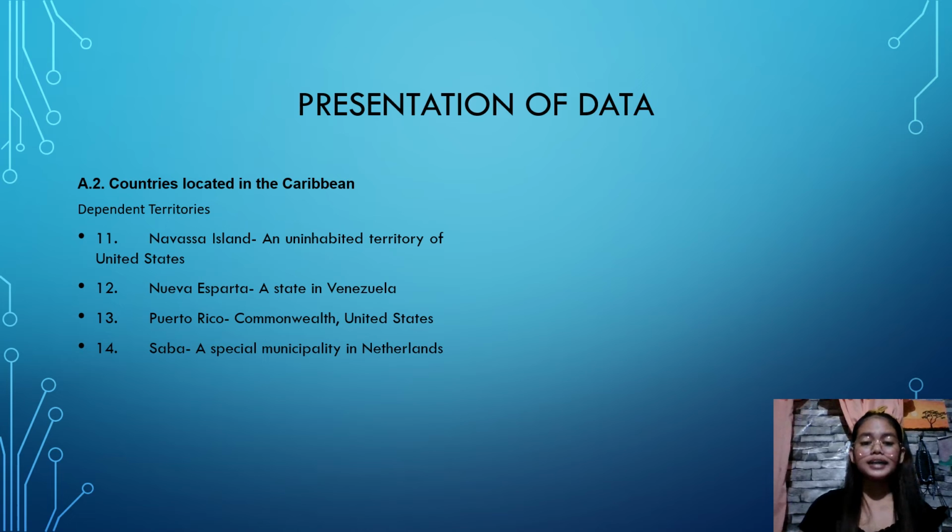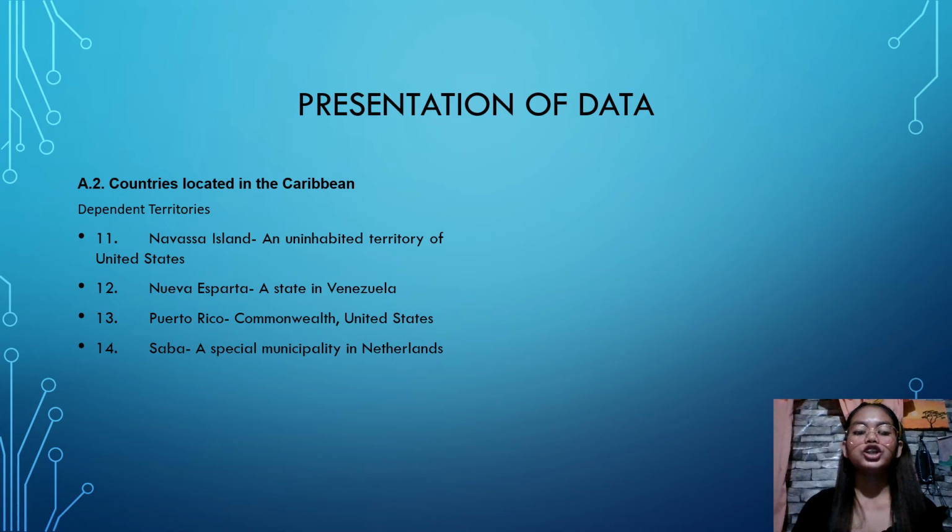Then we have Navassa Island, which is an uninhabited territory of the United States. Then Nueva Esparta, a state in Venezuela, Puerto Rico, which is a Commonwealth of the United States.